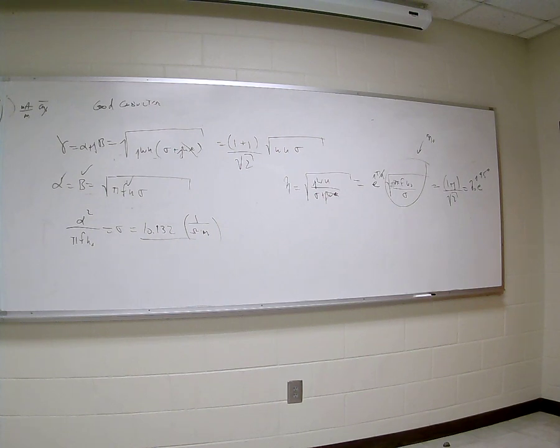So that's that part. Now how do you get phase velocity? Oh, by the way, when I get that, I can do this, and what is it going to turn out to be?